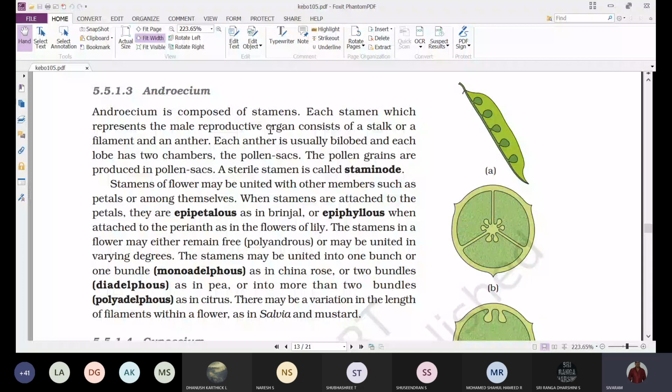Pollen grains are microspores and are male gametophytes. Remember all these terms: microspores, pollen grains, male gametophytes. All are the same, and all are produced inside the pollen chamber or microsporangium.